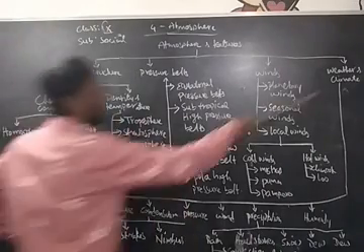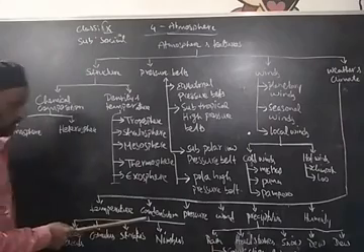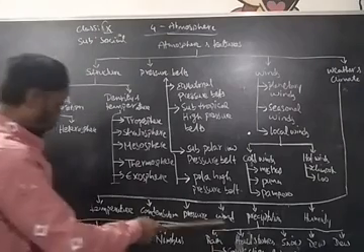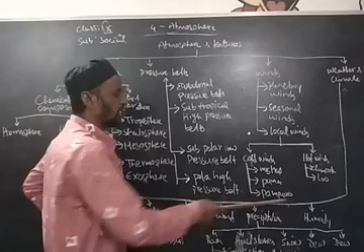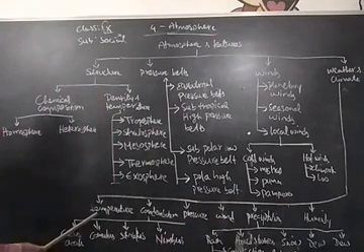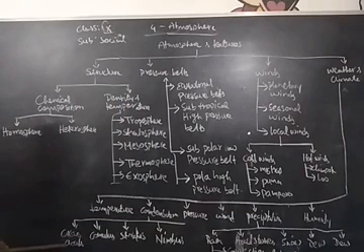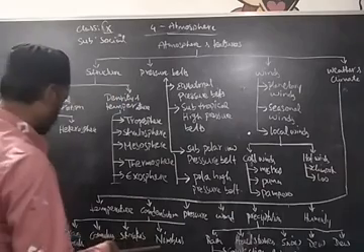weather and climate depends on temperature, condensation, pressure, wind, precipitation and humidity. So here condensation has 4 types: cirrus clouds, cumulus clouds, stratus clouds, nimbus clouds.